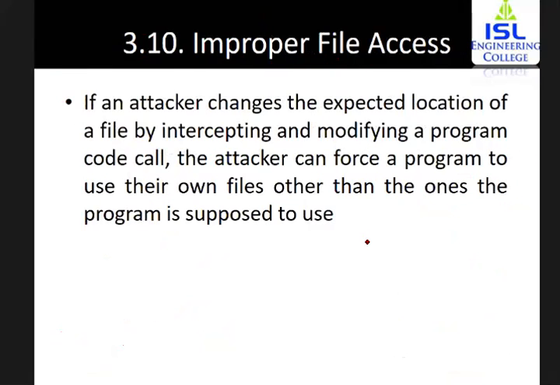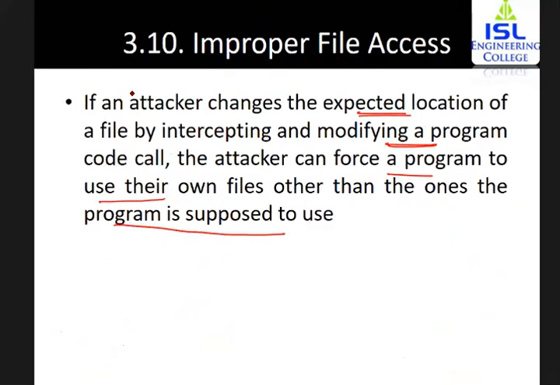The next is improper file access. Within improper file access, if an attacker changes the expected location of a file by intercepting and modifying a program, the attacker can force a program to use their own files other than the ones that the program is supposed to use.